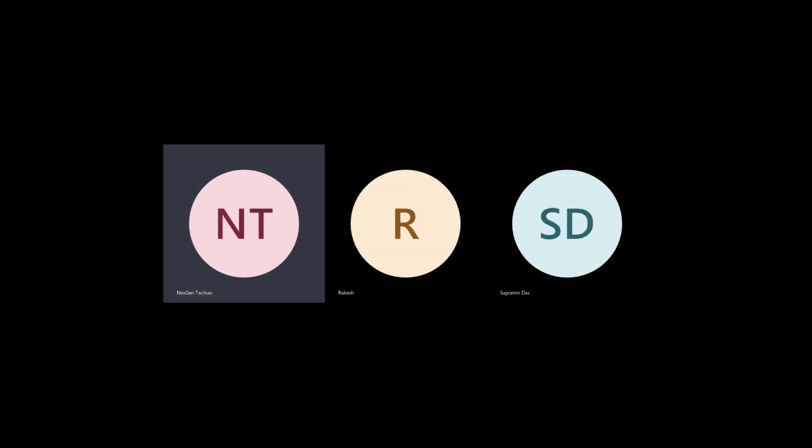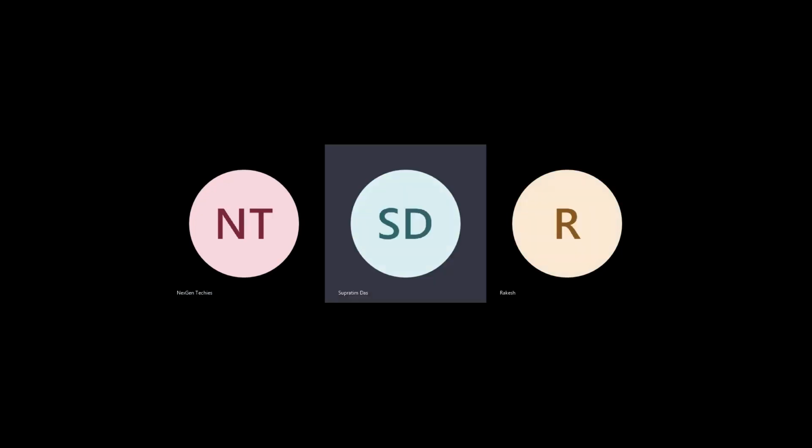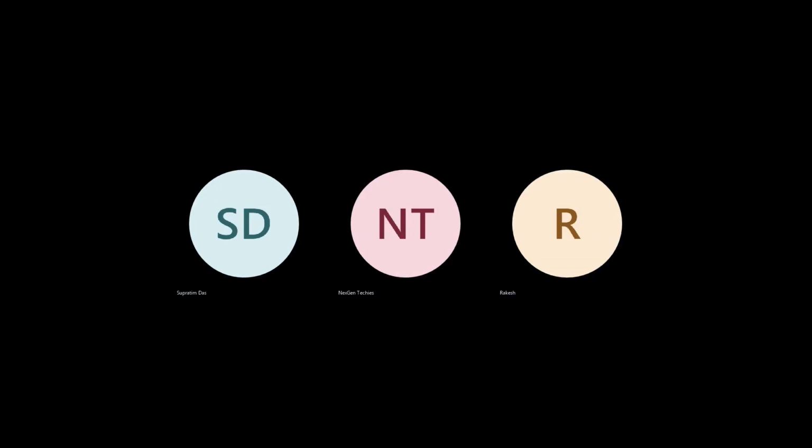SAP and database high availability you can achieve through the availability set. The availability set is configured between the virtual machines within the data center. Any questions till now? No. Okay.